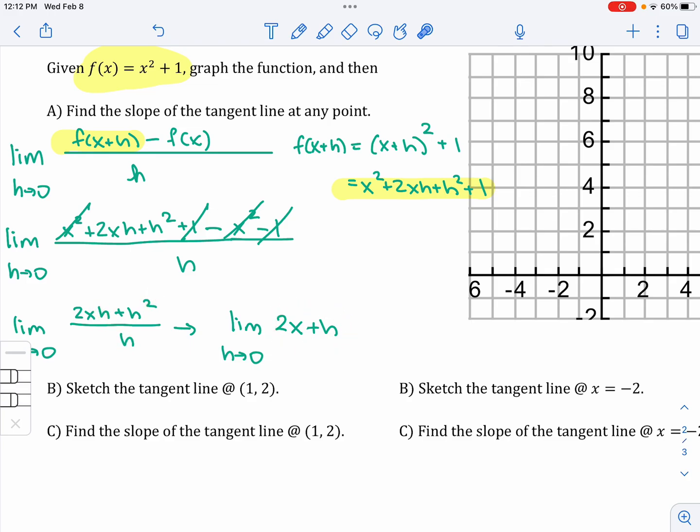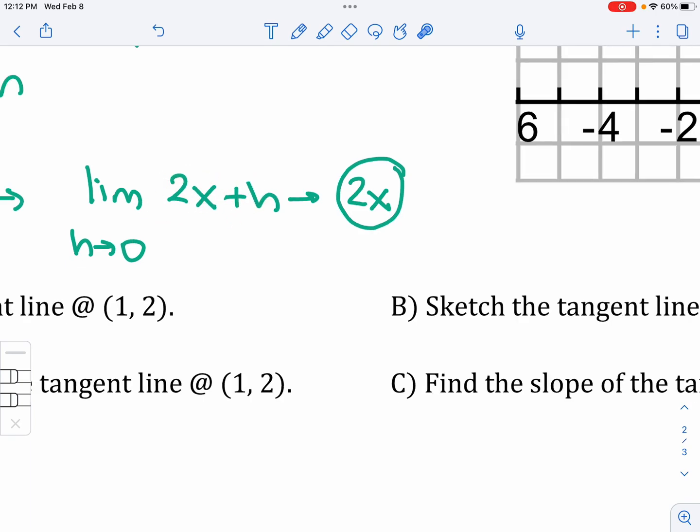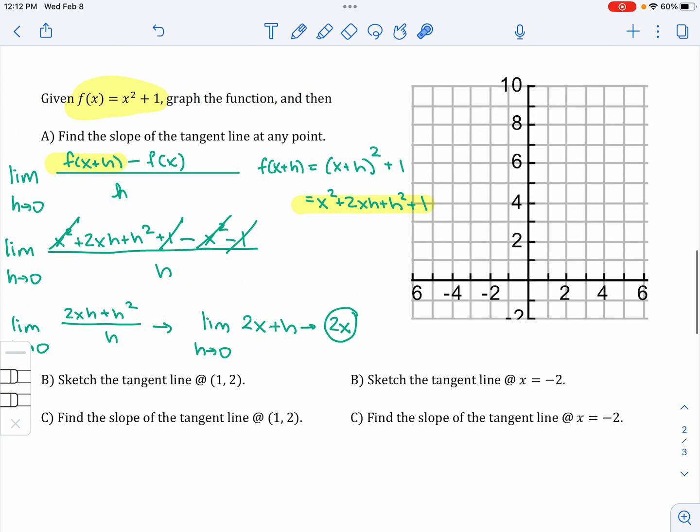So now we're at this point. And now if h approaches 0, then this will just tend to 2x, right? If h is approaching 0, then if it ends up being 0, this will go away, and you're just left with that 2x. So the short story here is that the slope of this parabola is 2x.